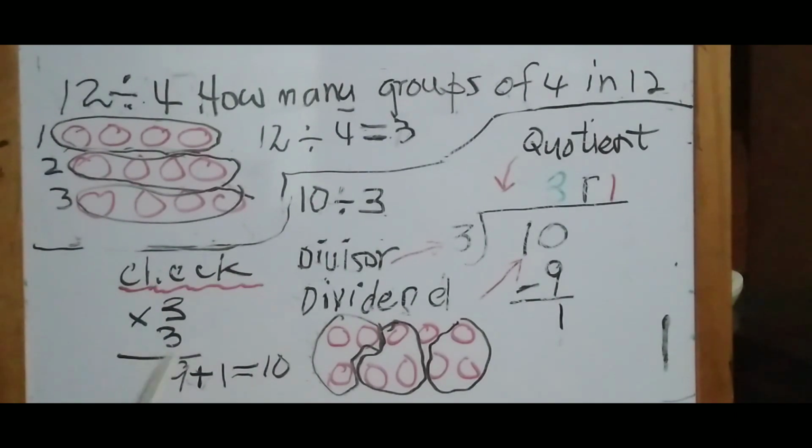So we say 3 times 3 equals 9. But guess what? We have a remainder. We don't just throw away the remainder. We are going to add it to the total that we get. So 3 times 3, which is the divisor times the quotient, plus the remainder. So 9 plus 1 equals 10.